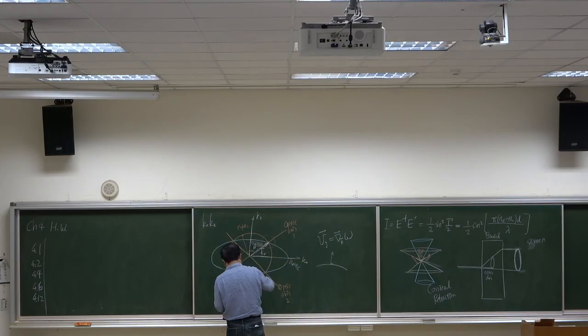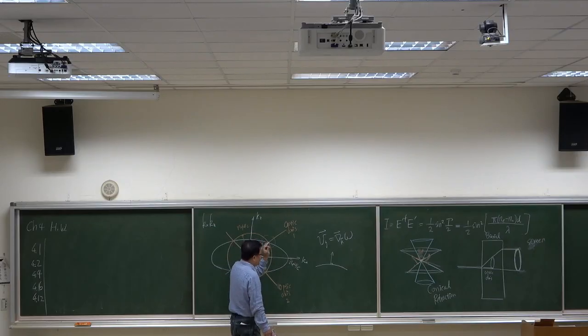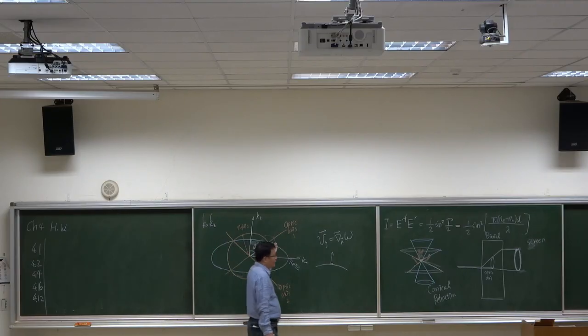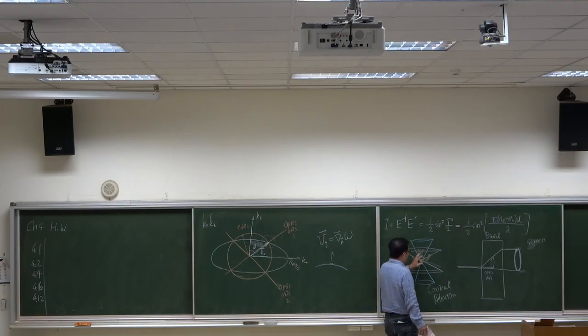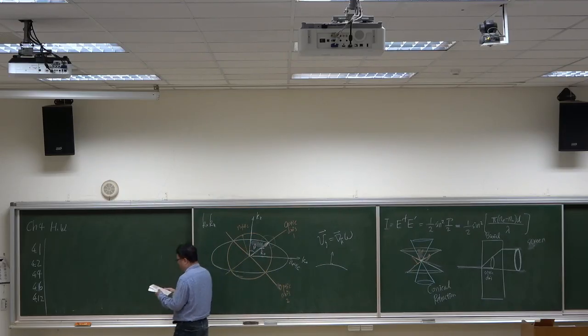So we can know what k0 is. And then I will consider working in the vicinity of k0, which means we choose k to be a little bit different from k0, but the difference is very, very small. Then finally we can find the cone equation locally. First, we need to know the k0 point.